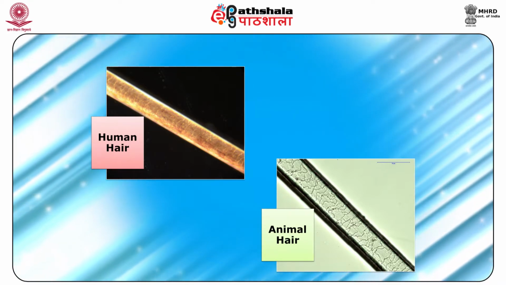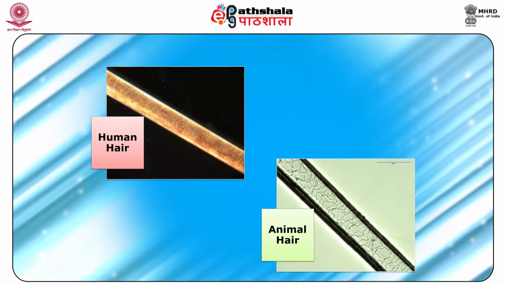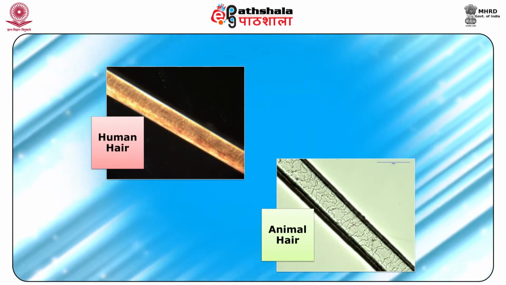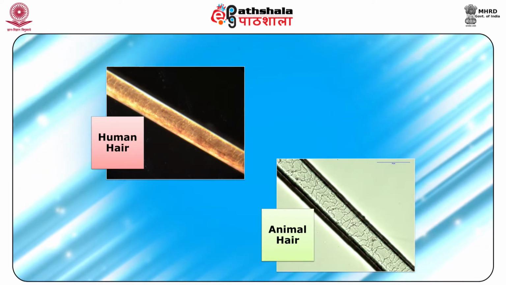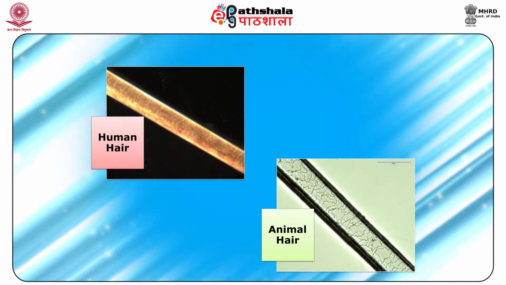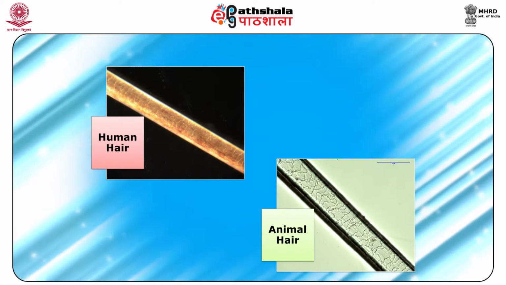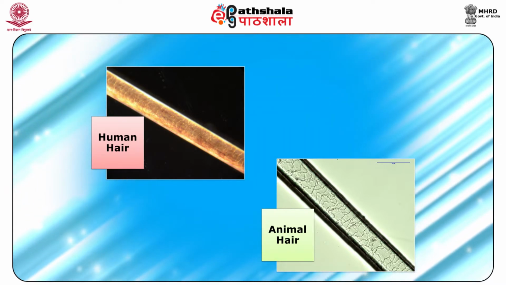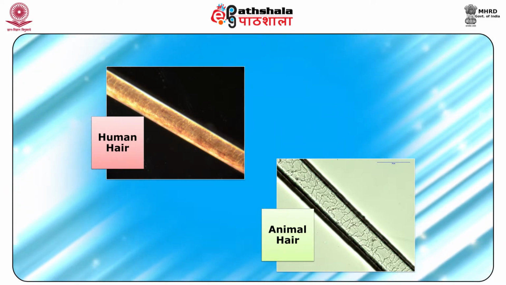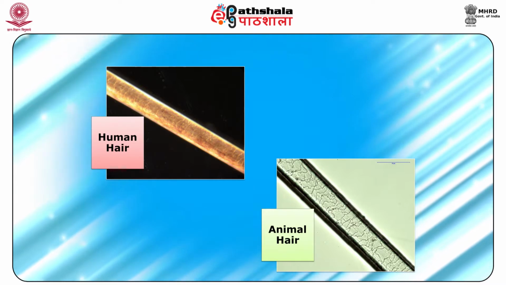The distribution and density of pigment in animal hairs can also be identifiable features. The pigmentation of human hair is evenly distributed or slightly more dense towards the cuticle, whereas the pigmentation of animal hairs is more centrally distributed, although more dense towards the medulla.